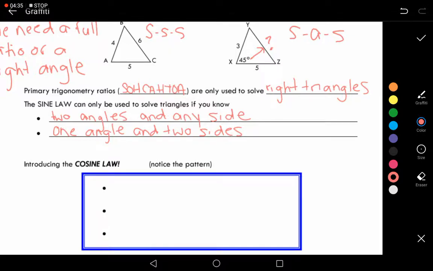But again, what's most important here is that one of those sides needs to be opposite the angle given.